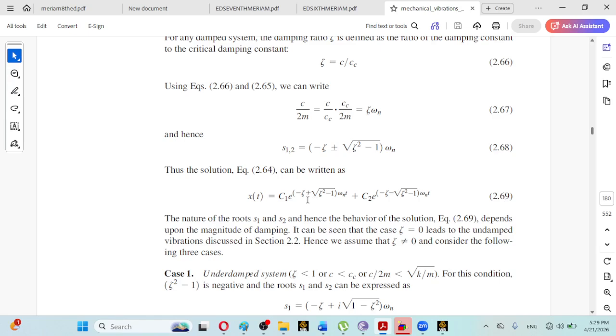So here, as we can observe, the damping factor is 1. So the solution will be equal to c1 e minus omega nt, and here again c2 e minus omega nt, because damping factor square minus 1 square root will be equal to 0.